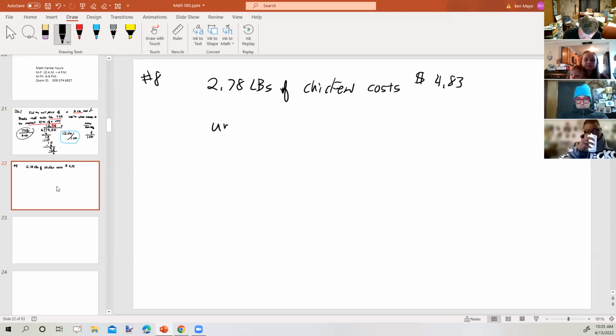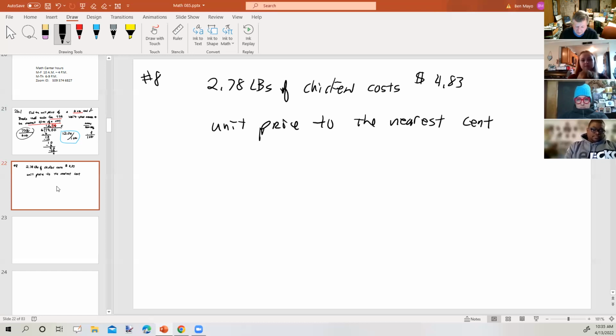We want the unit price to the nearest cent. So unit price, money per something. So it's going to be dollars over what? Pounds. So 1 pound. How much per pound, but rounded to the nearest cent.